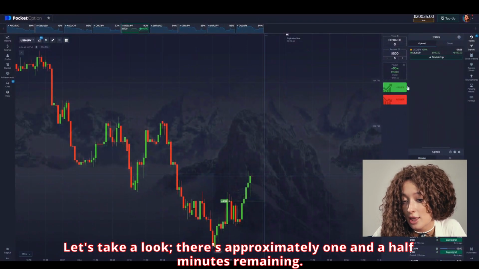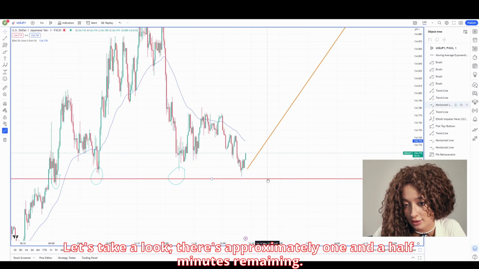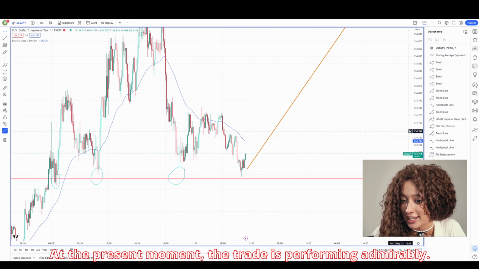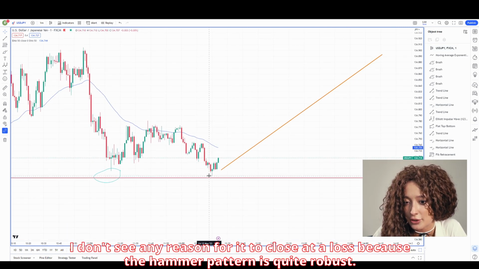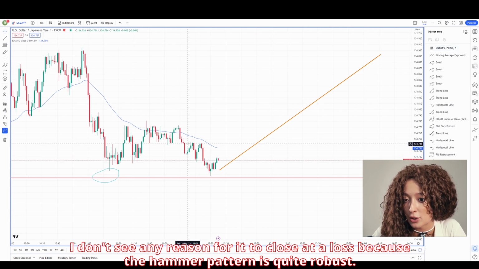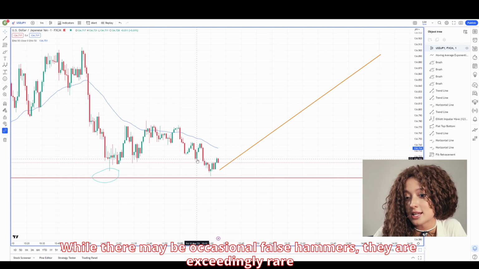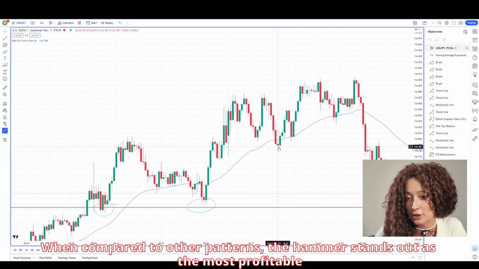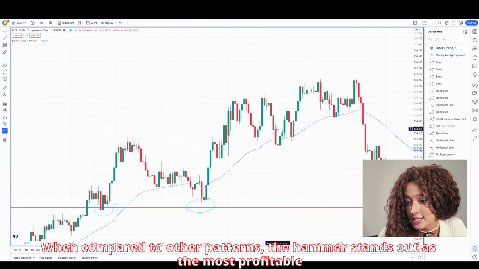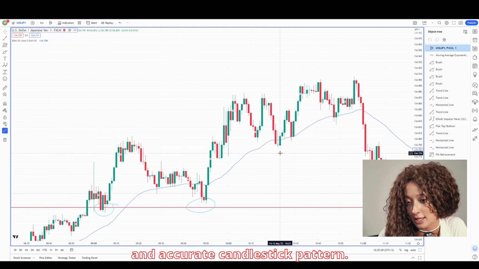Let's take a look. There is approximately 1.5 minutes remaining. At the present moment, the trade is performing admirably. I don't see any reason for it to close at a loss because the hammer pattern is quite robust. While there may be false hammers, they are extremely rare. When compared to other patterns, the hammer stands out as the most profitable and accurate candlestick pattern.